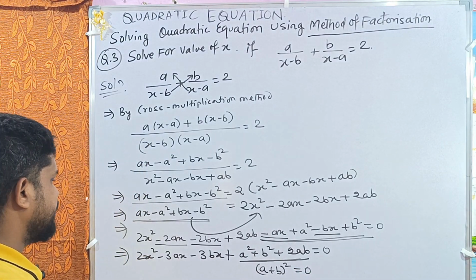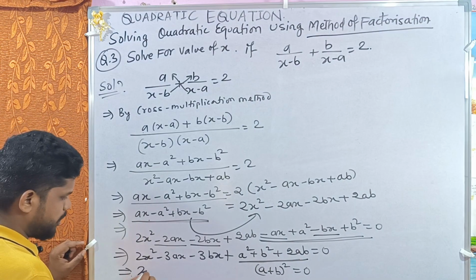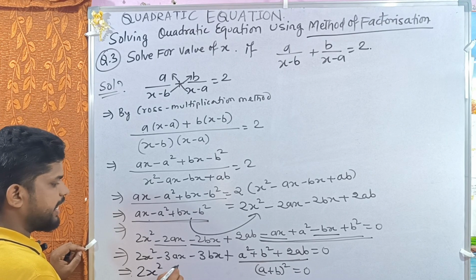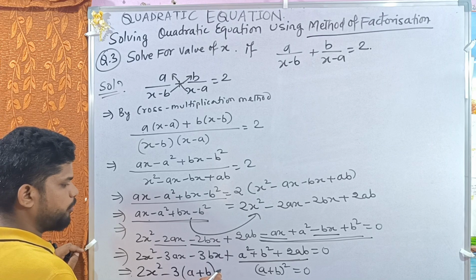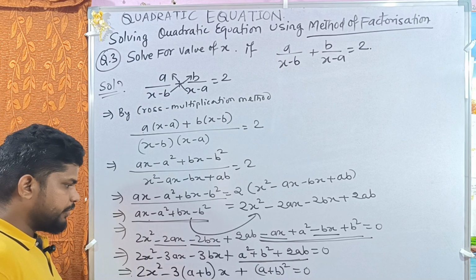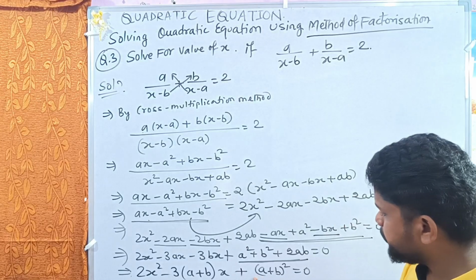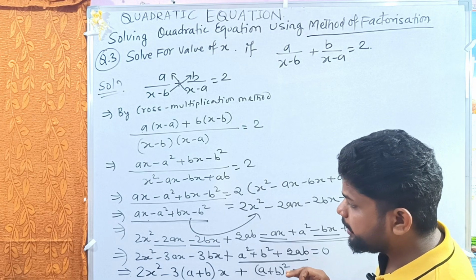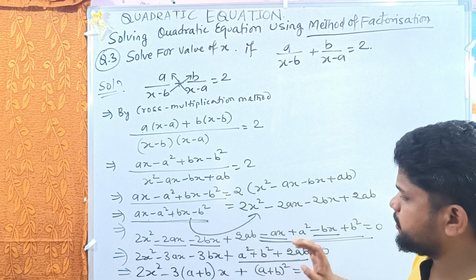And from here, if I try to take common, from the first two terms I can take x as common, so this will be 2x square minus 3(a plus b)x plus (a plus b) whole square. Okay, so here, dear students, you can see that this given expression is in the form of our standard quadratic equation, which is ax square plus bx plus c.